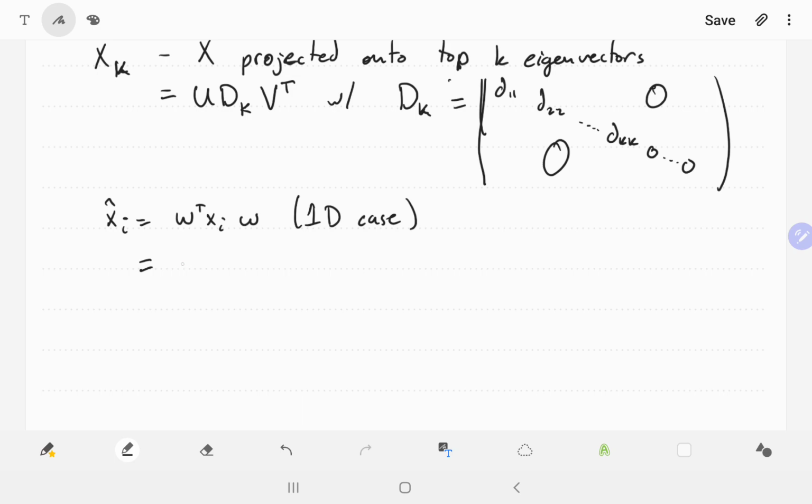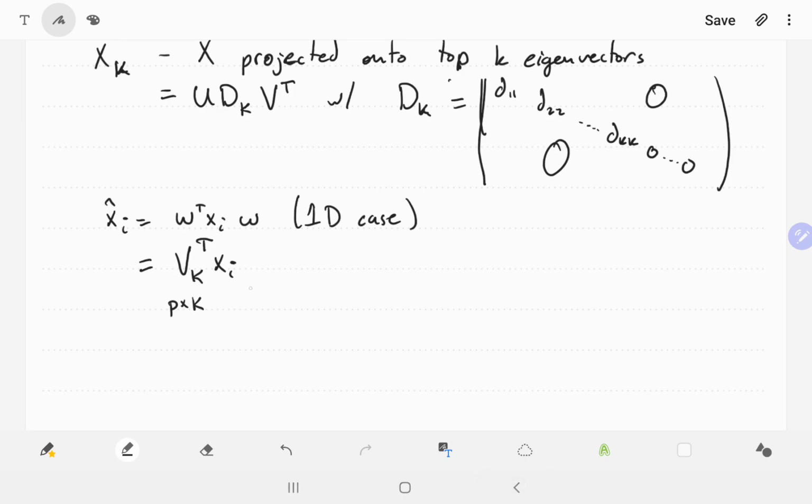That is the p by capital K matrix of the top k right eigenvectors of X transpose X, our v sub k again.